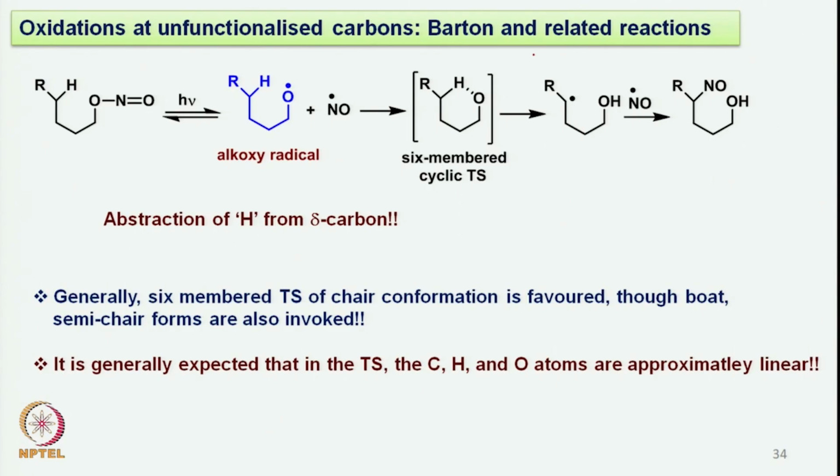Now what is an unfunctionalized carbon? It is very easy: say you have a ketone, and if this hydrogen is alpha to the carbonyl group, or if you take a symmetrical substrate, both the alpha carbons are equally available.